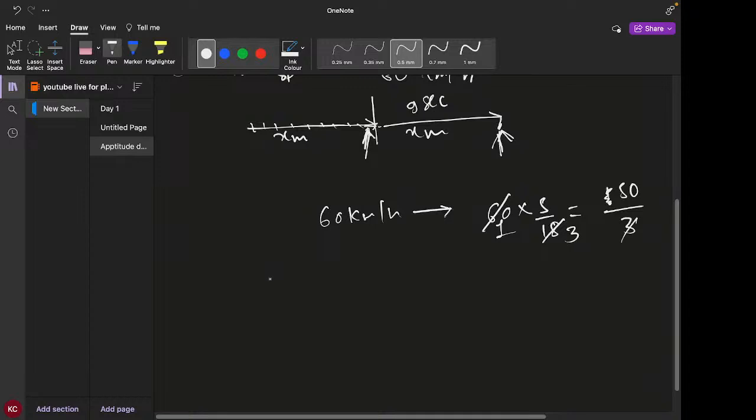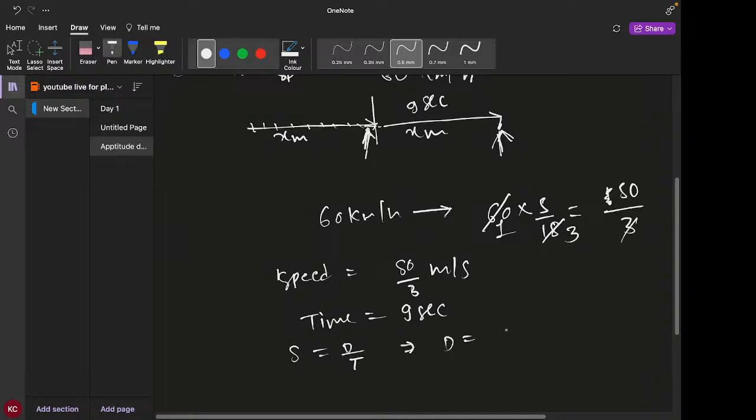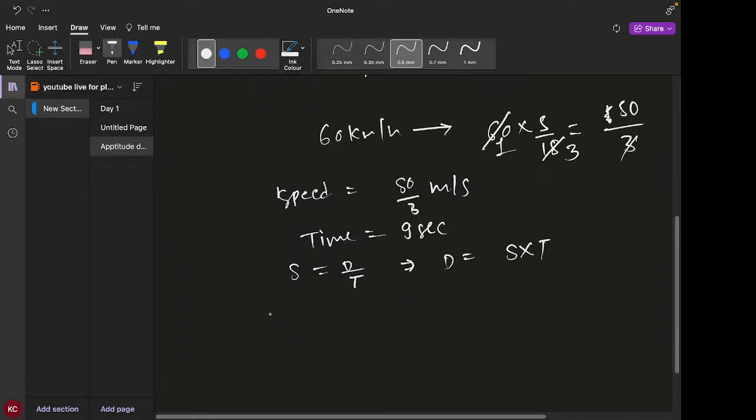Again, meter speed will become 50 by 3 meter per second, and the time that is given is 9 seconds. So speed is equal to distance travelled upon time taken. We require distance, so speed into time will be our answer.